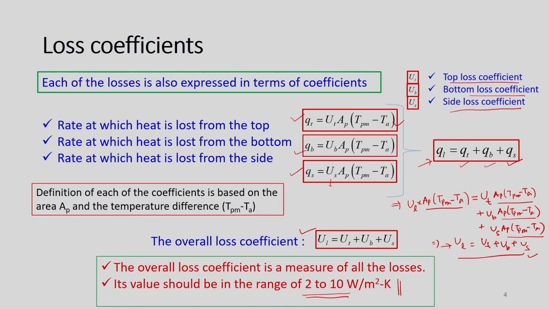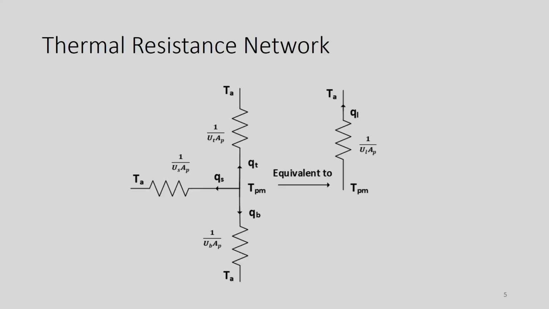So, let us have a look at UT, or top loss coefficient. How to calculate this top loss coefficient. Before we start the top loss coefficient, let us understand this thermal resistance network. Here, if we consider this is the absorber plate at temperature TPM, and this is at ambient.